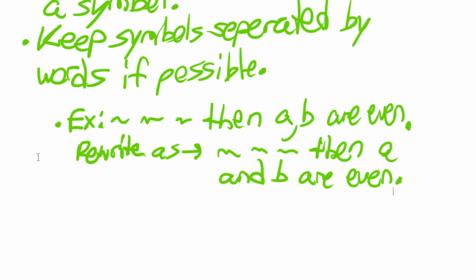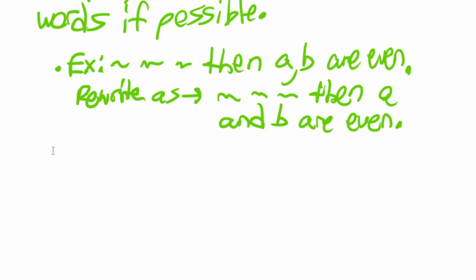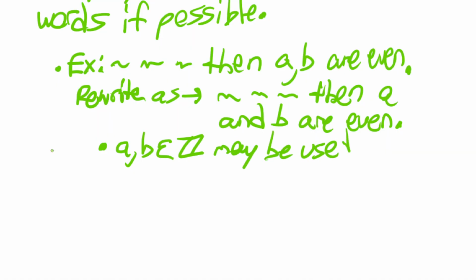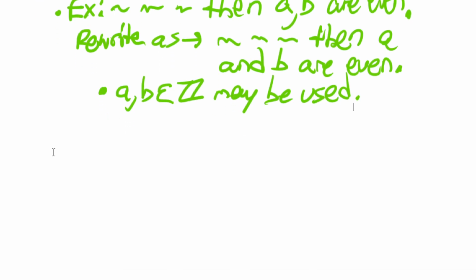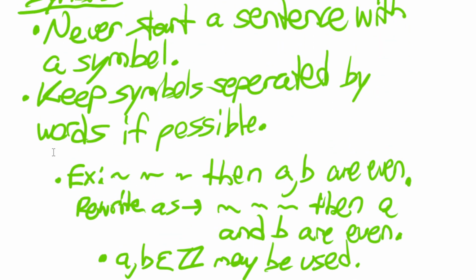That way we separate the symbols. Now, I will say that sometimes when we are identifying what a symbol is, we may combine them using a comma. So if we were to say something like this, say that we're specifying they're both integers, then this kind of writing can be used. So this isn't an always, never start statement.